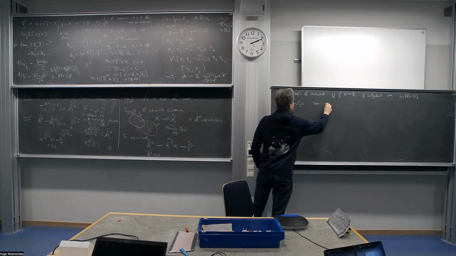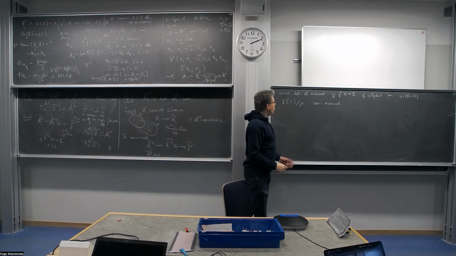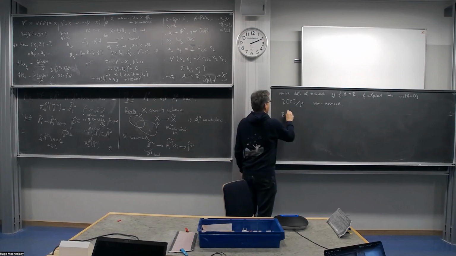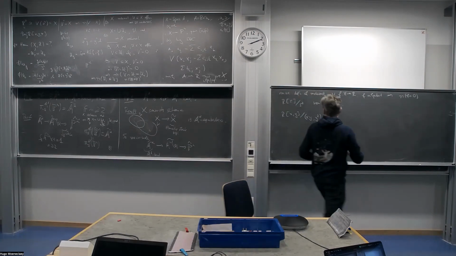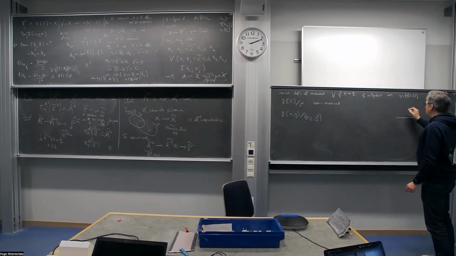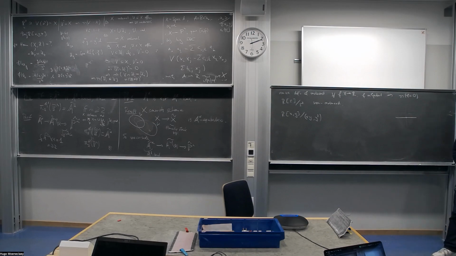This is non-reduced, and well, we can also think of more interesting schemes like this one, x y squared, which looks like this. Well, first of all, I have this coordinate cross, and then I have y squared equals 0. So it's like an embedded little vector here, and this is non-reduced.